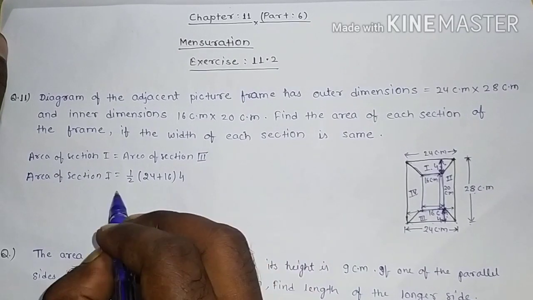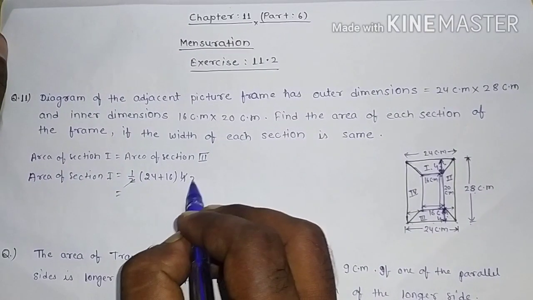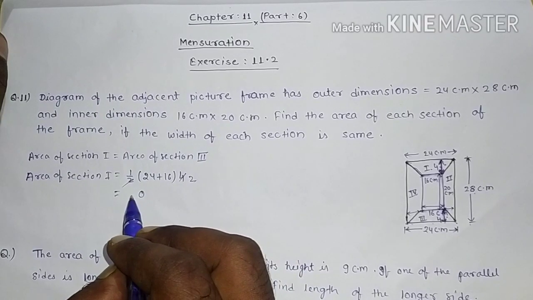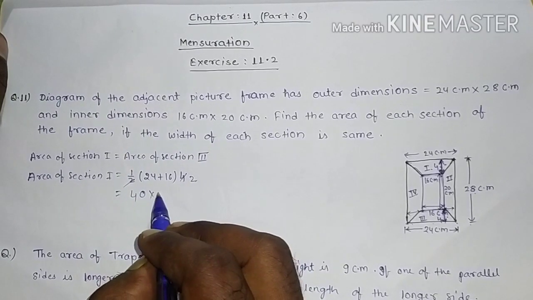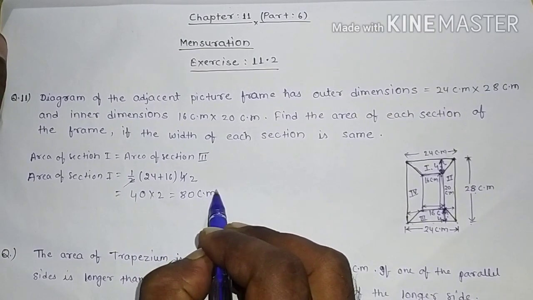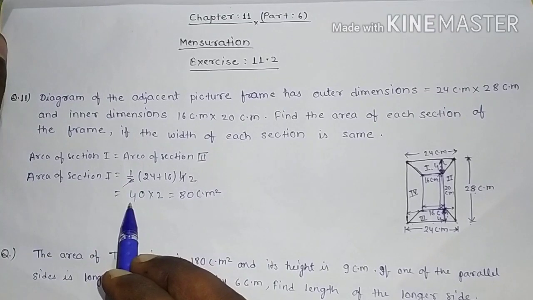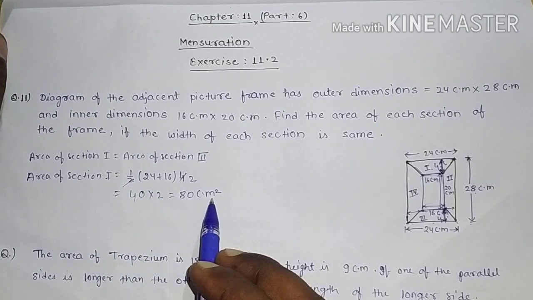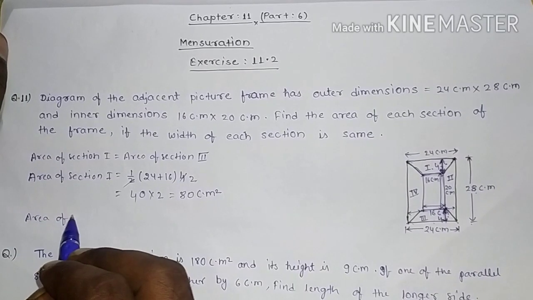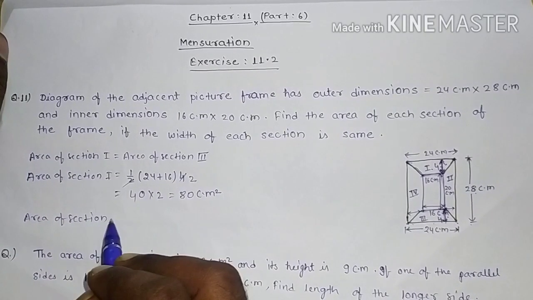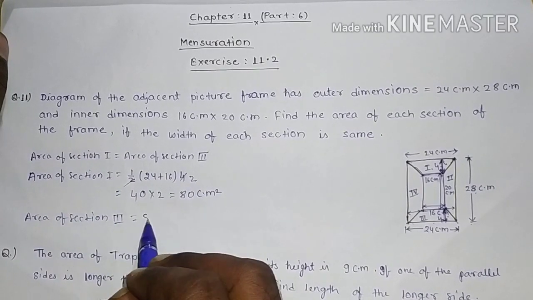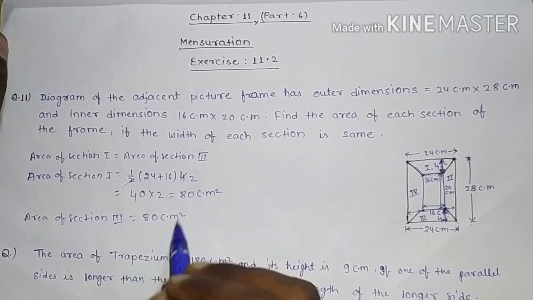Just simplify it. 2 2 is 4, 24 plus 16 is 40, into 2, that is 80 centimeter square. So the area of section first will be 80 centimeter square, and we also know that the area of section third is the same as the area of section first, so it will also be 80 centimeter square.